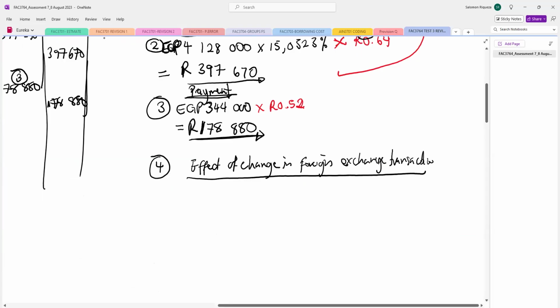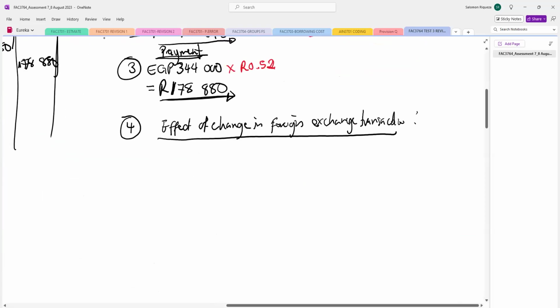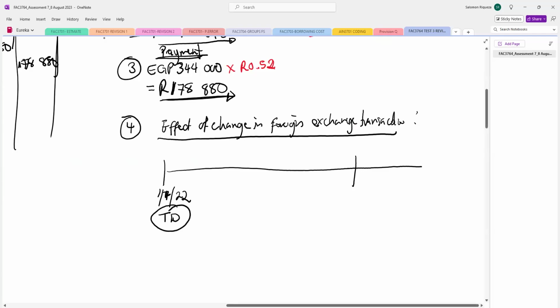Okay, that's basically what is happening here. So if I put my timeline, I have something like this. On 1 July 22, this is where I had my transaction date. Okay, that is when the debentures were issued. That was my transaction date. This is my year end.